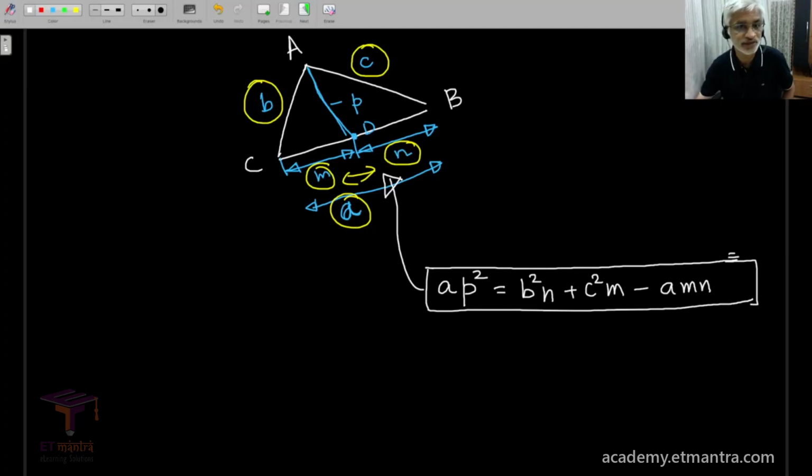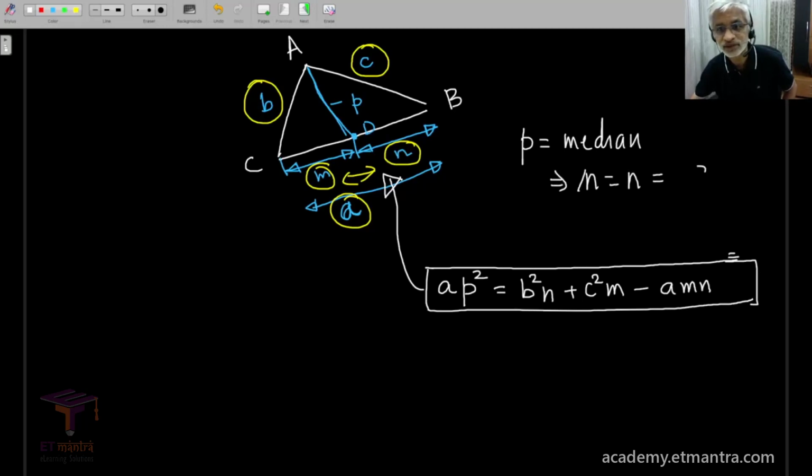So one particular case we've already done, so I shall not repeat it. And for the length, when P is a median, this implies that m is equal to n is equal to A by 2. So you substitute this here and you will get the formula for the length of the median, but we've already done it, so we shall not do that.